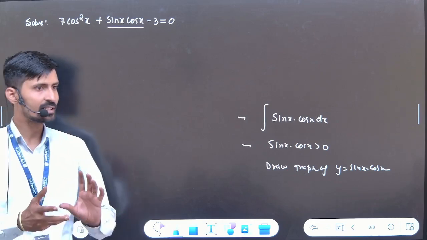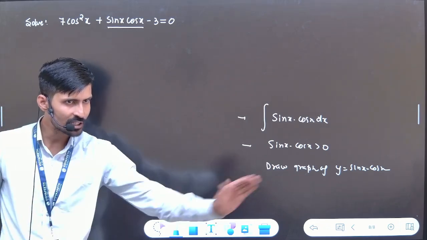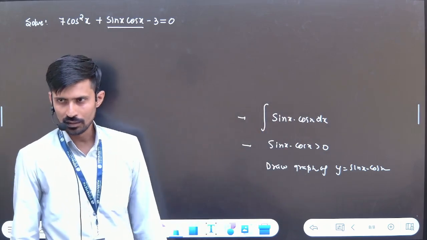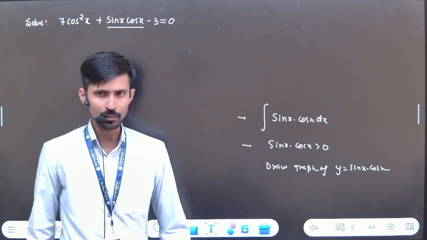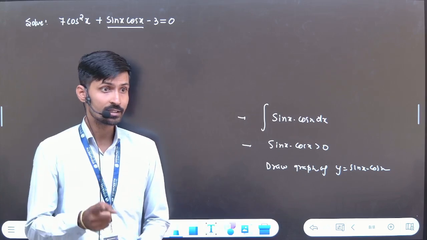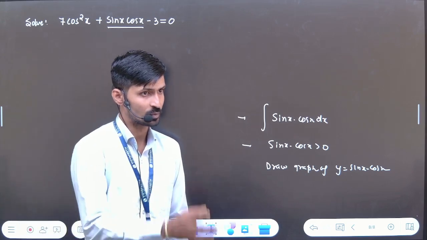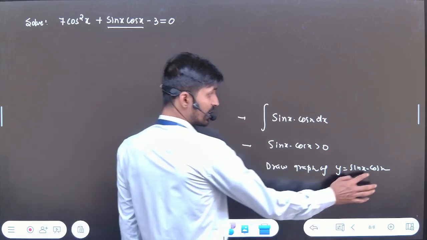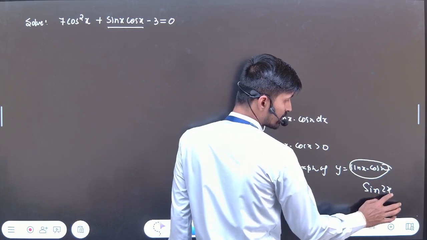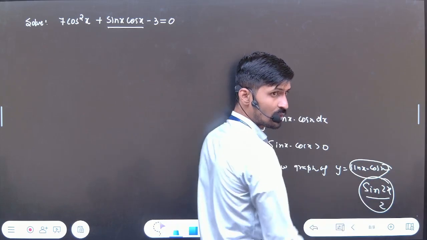Whenever sin x into cos x is present throughout mathematics in any chapter, whether integration, basics or trigonometry, change it into sin 2x by 2. It means the graph of sin x into cos x will be sin 2x by 2. And drawing the graph of sin 2x is easy.